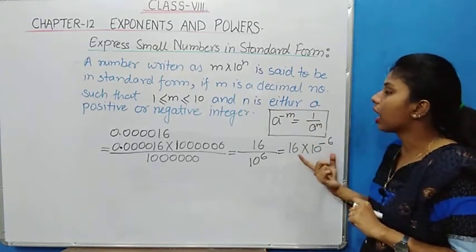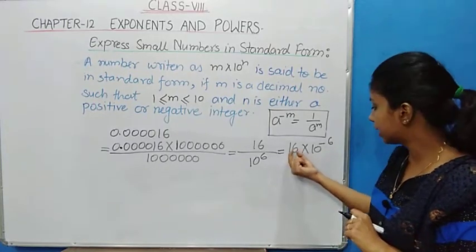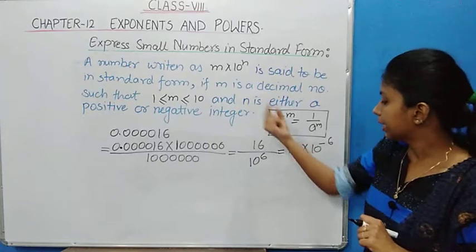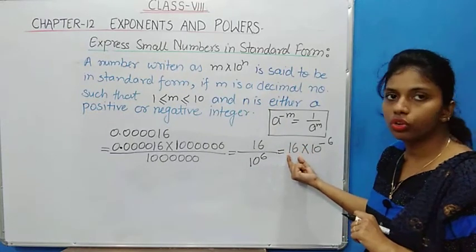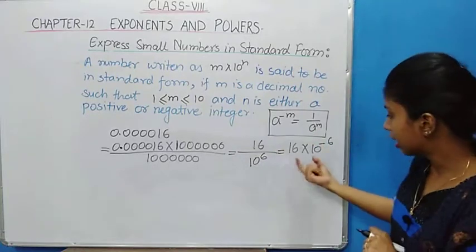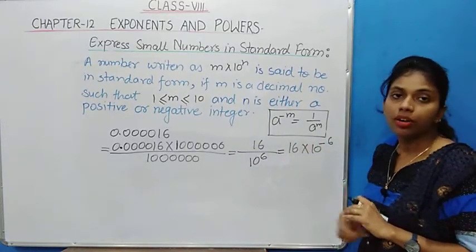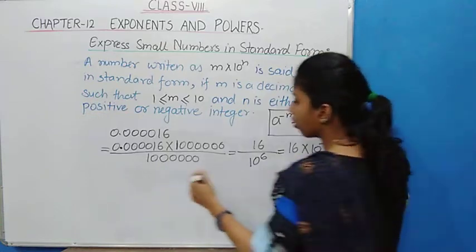But now this is not in standard form. This is 16 and it is not a decimal number, and of course 16 is not between 1 and 10. So let's convert this 16 into a decimal number. How can we do it?